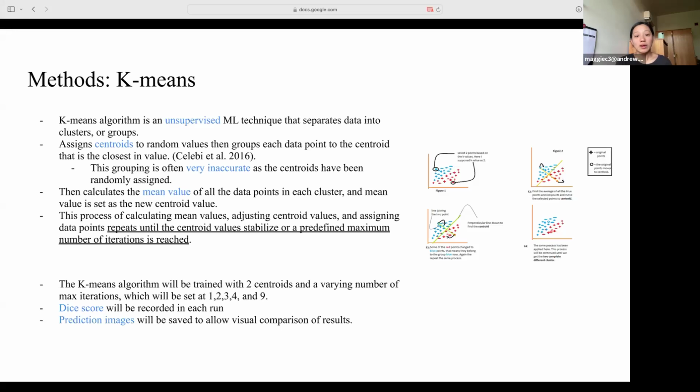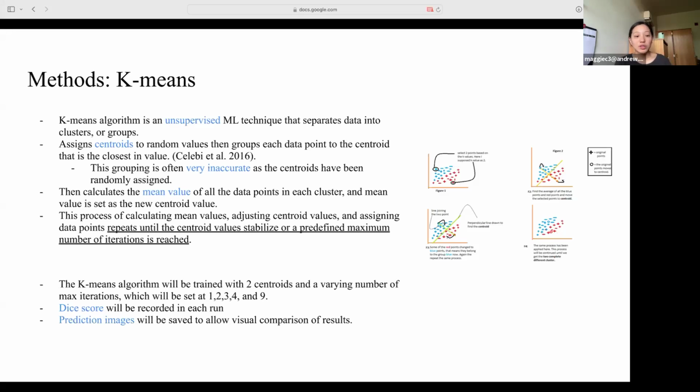Initially, this grouping is very inaccurate as the centroids are randomized. However, it then calculates the mean value of all of the data points in each cluster, and that mean value is set as the new centroid value. This process repeats over and over again until the centroid values stabilize or a predefined maximum number of iterations is reached. You can refer to the figure on the right for a more visual representation of how a K-means algorithm works.